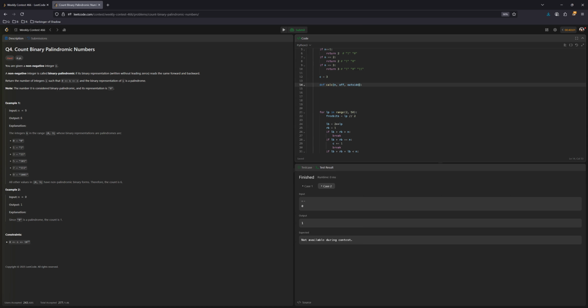Okay, so we'll call it the outside bits, right? So we are going to have something like this, and then we want to fill in. We're going to treat this as an integer. This should be pretty easy, I think. We have to figure out a way to reverse the bits, but hopefully that's not too hard.